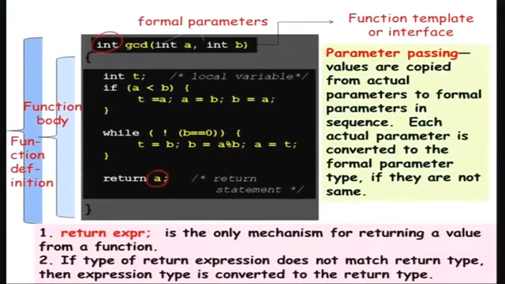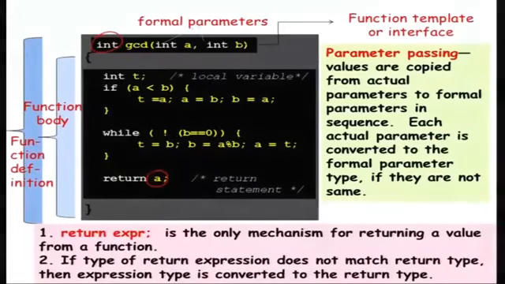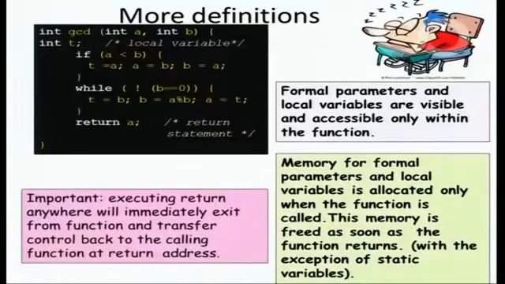So, this is known as call by value. So, formal parameters and local variables of the function are accessible only within the function. We have already seen this, and memory for the formal parameters and the local variables of the called function will be erased as soon as the function returns.